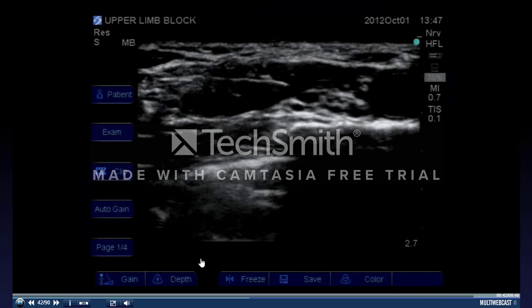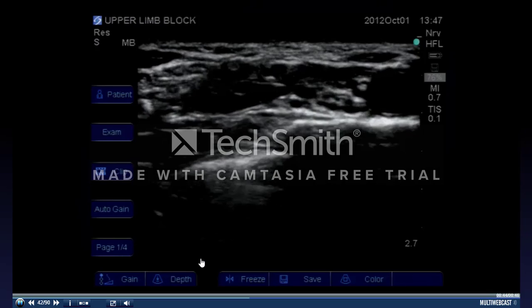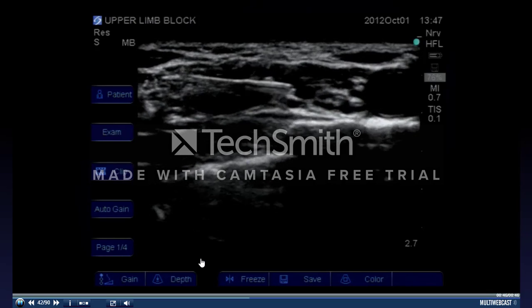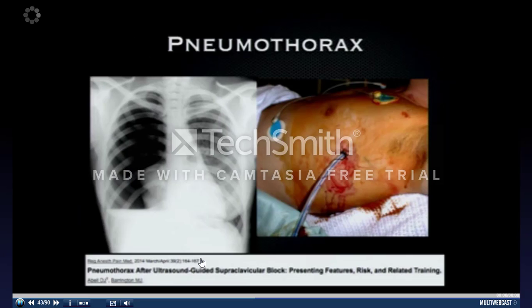Quite confident I haven't damaged the pleura, quite confident I haven't damaged the blood vessel. Not everybody is that lucky, and there are case reports with ultrasound of pneumothorax, and this is a terrible outcome for a patient, especially if they were expecting to get ambulatory or day case surgery.